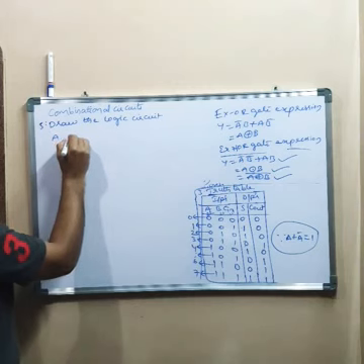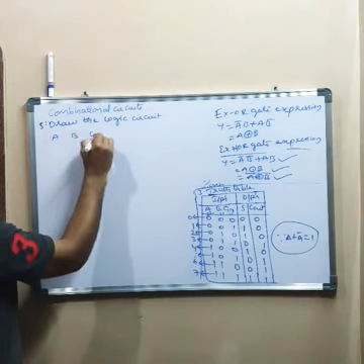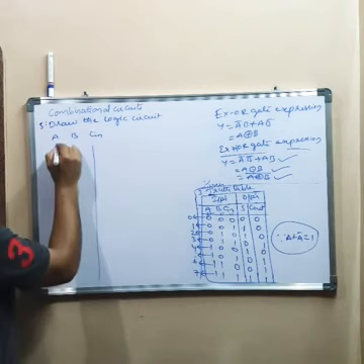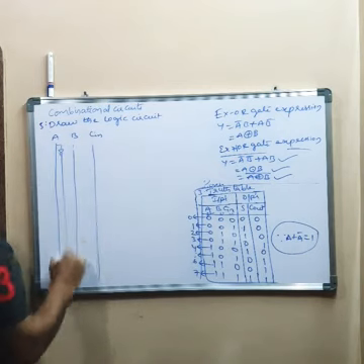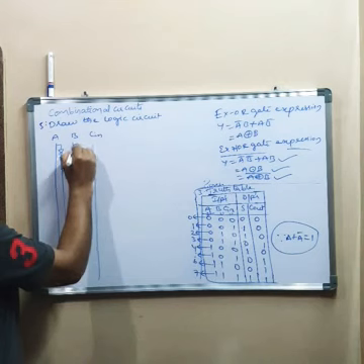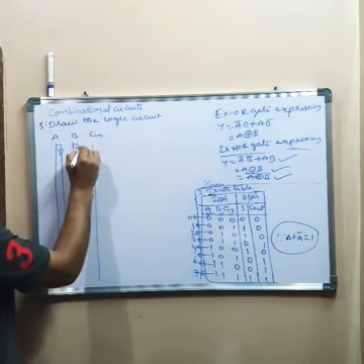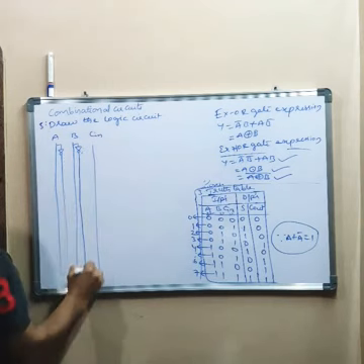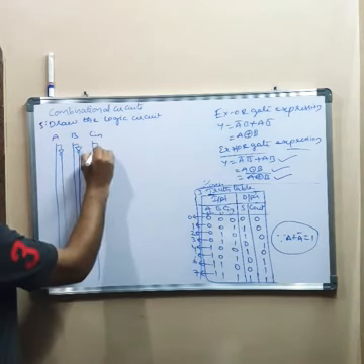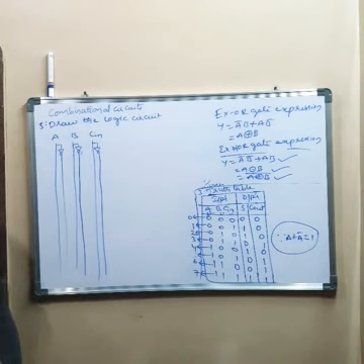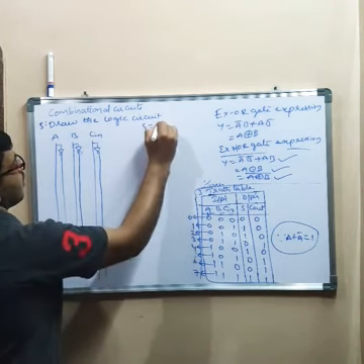First of all, take 3 variables and their complements. This is the simple way to draw logic circuits.